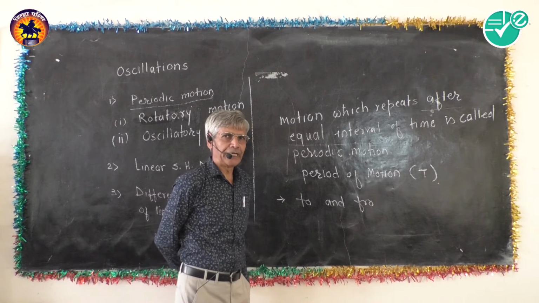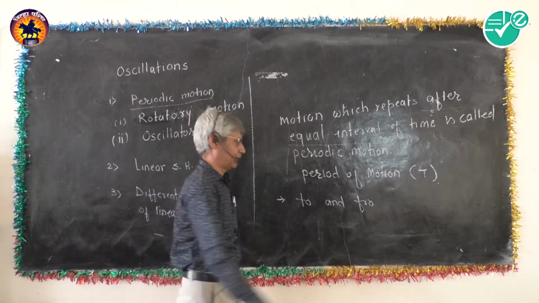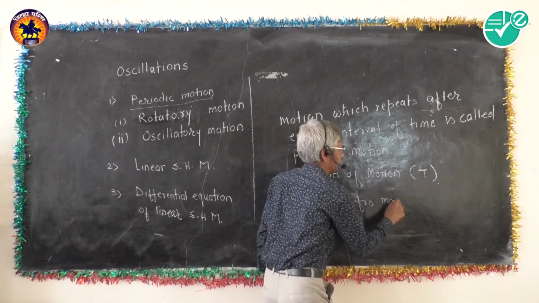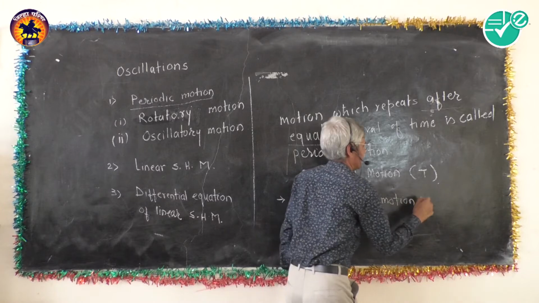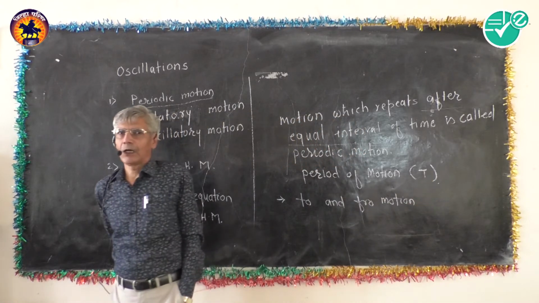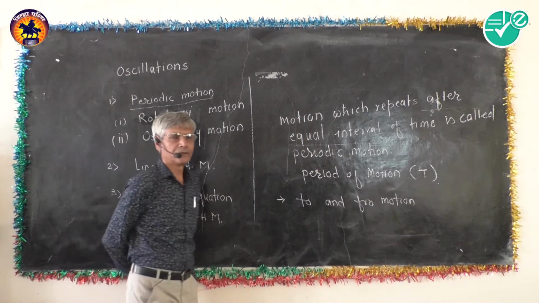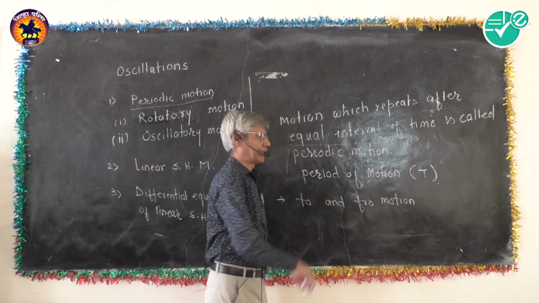Oscillatory motion is defined as to and fro motion along the same path which repeats after equal time interval.